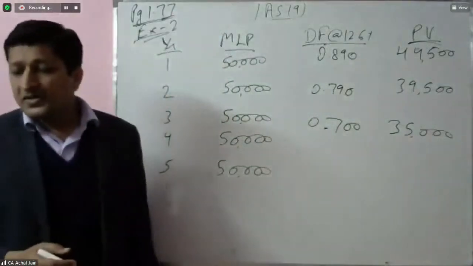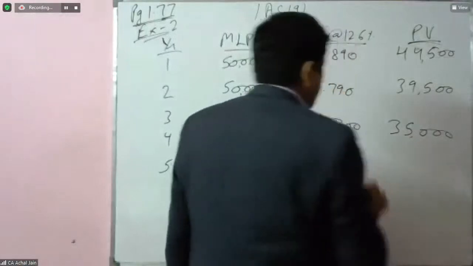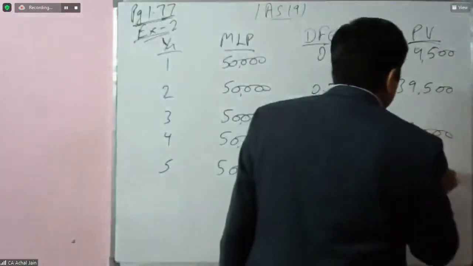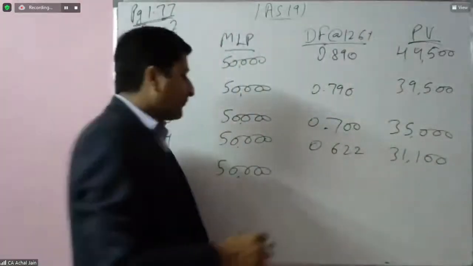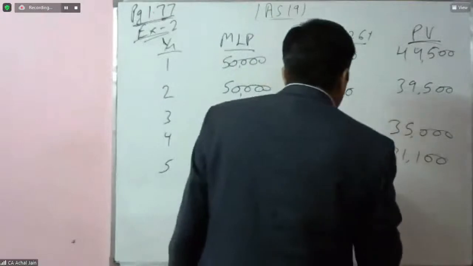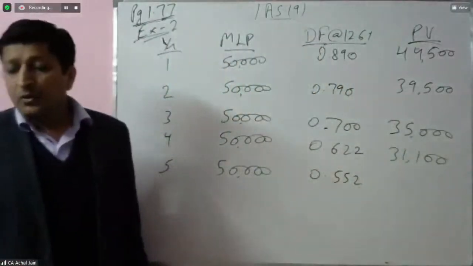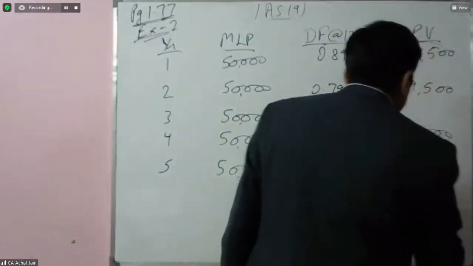Then we have 0.622, and it is 31,100. Then we have 0.552. This will make it 27,600.